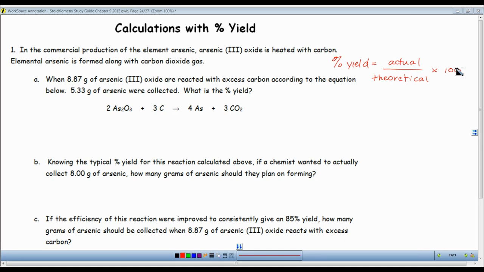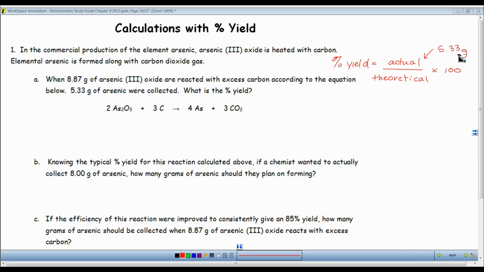So the actual comes from data, which is often in the lab. In this case, we're not the ones doing the experiment, so they're telling us 5.33 grams of arsenic were collected. That's the actual yield. That's going to be our actual yield.